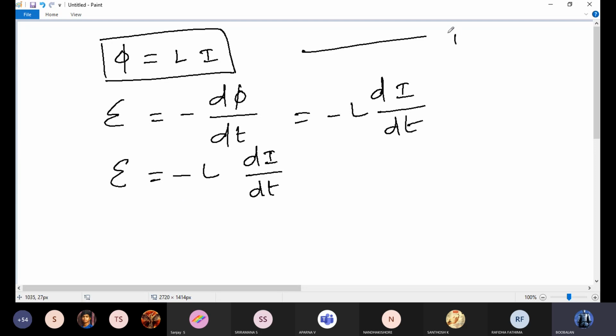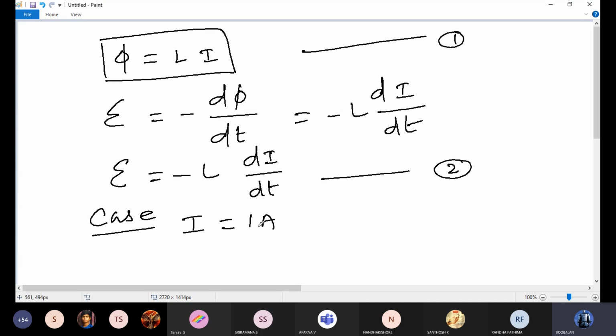So this is equation number 1, this is equation number 2. Okay. So now I am applying one condition, case 1. What does case 1 mean? The amount of current is 1 ampere.